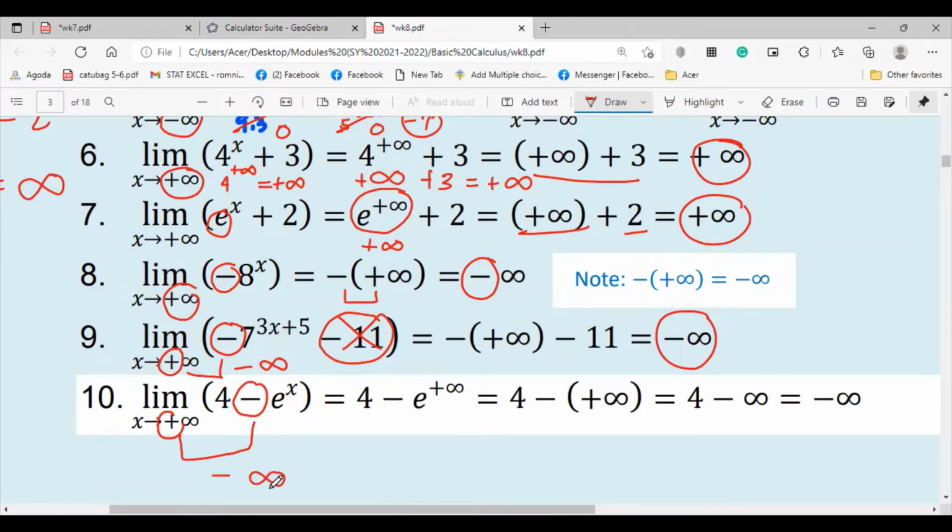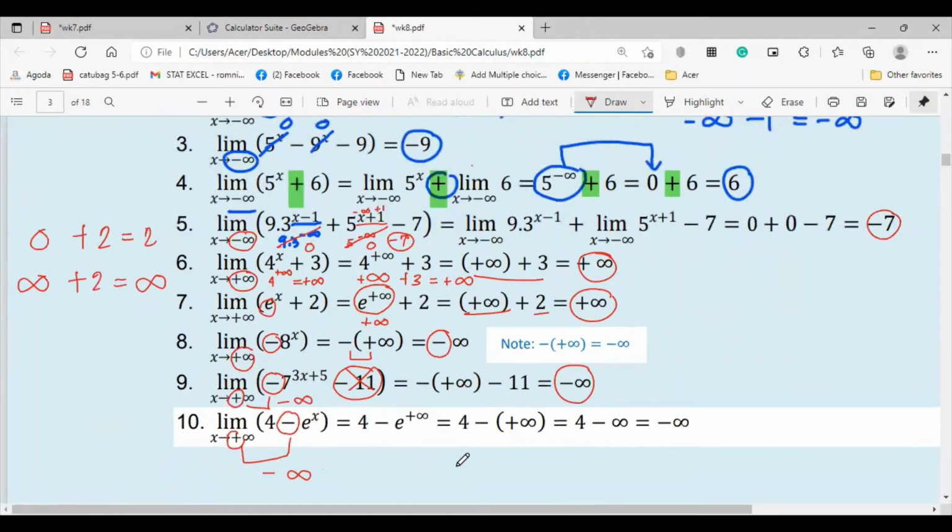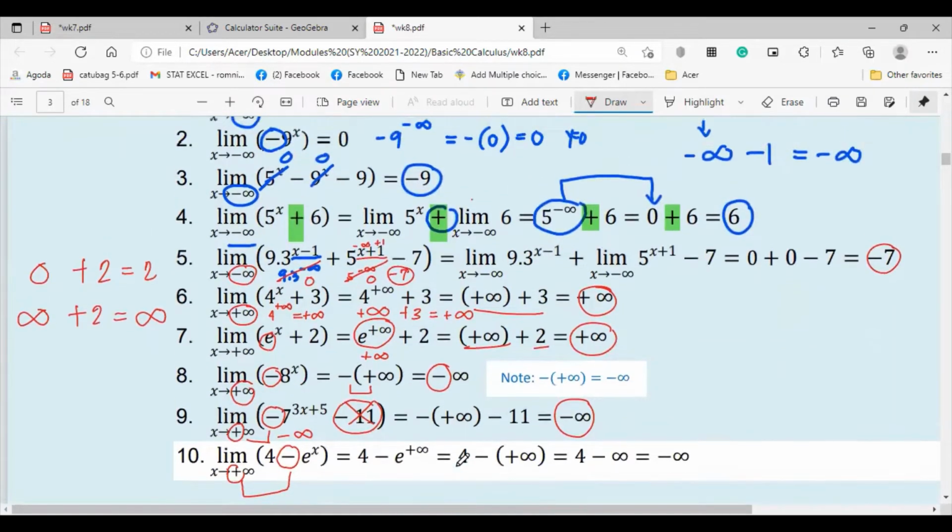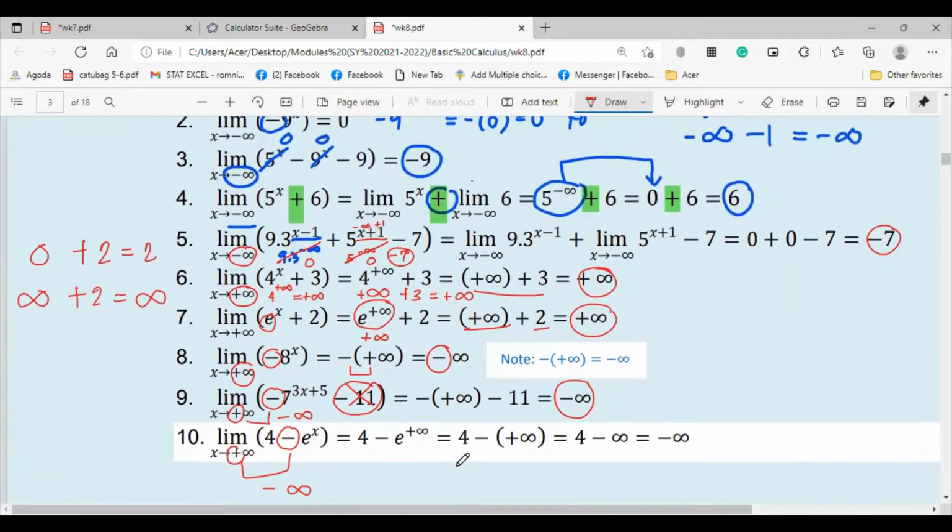Negative. So, it might appear na mahirap siya, class, kapag tignan mo yung problem. Parang ang hirap, ganun. Pero when you are now aware that infinity added or subtracted to any constant is still infinity, you are also aware that negative times positive infinity is negative. Ano pa yung mga dapat mong tandaan? Sa mga ganito, ito yung lagi yung tatandaan, class.